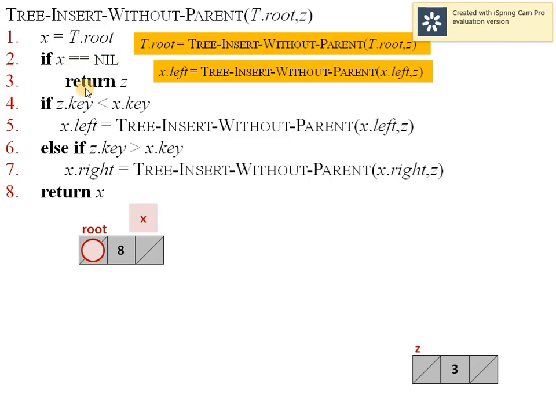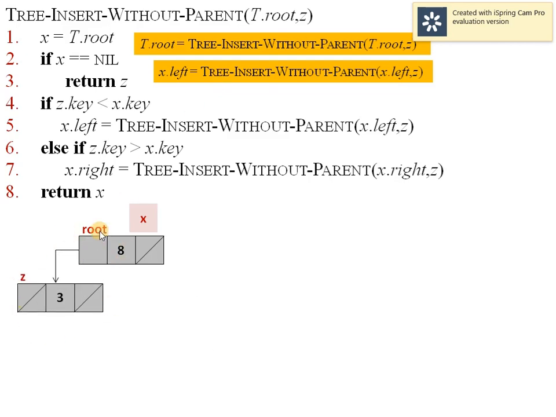So it will return the z pointer only, and then that z pointer is used to update the left of x. So basically when we execute this procedure, something like this is happening inside the computer's memory. Since a return statement is there, after all the pointer updates, we are done with the execution of x dot left equals tree insert without parent x dot left comma z.